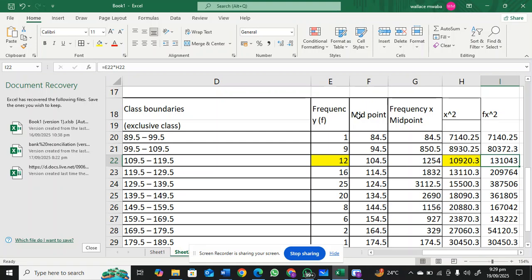Frequency times midpoint squared. Those are the first things you need to do in tabulating this standard deviation. First, square all the midpoints.